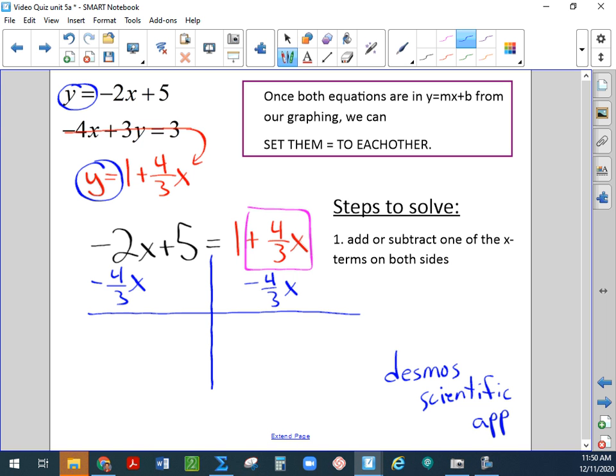Negative 2 minus 4/3 is negative 10/3, or your calculator may say negative 3 1/3. I'm going to keep it at negative 10/3.